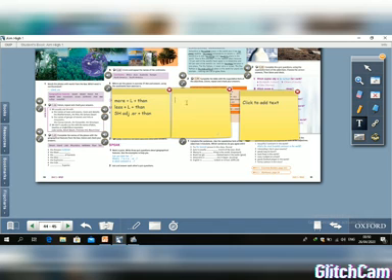Okay, what about superlative? Superlative with long adjective, the most plus long adjective, or the least. You noticed that? Plus long adjective.